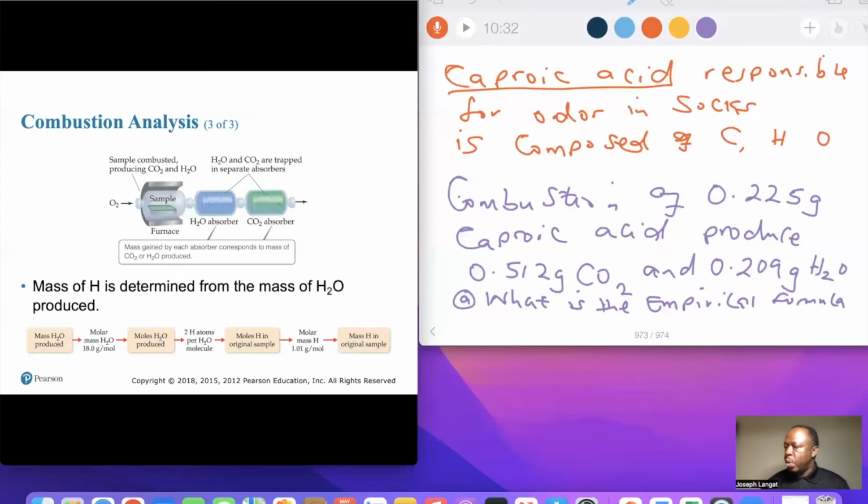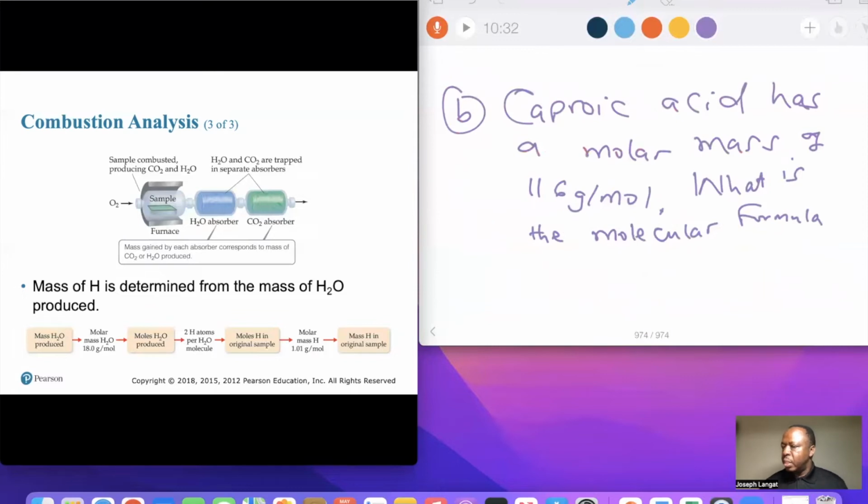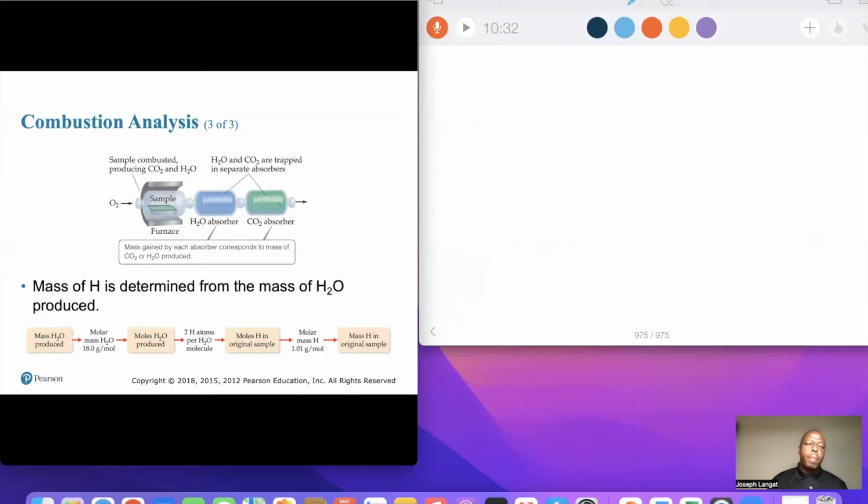We need to do the combustion analysis in order to find the mass of carbon, mass of hydrogen, and mass of oxygen. So this is how you will proceed. Let's say mass of carbon. This is how you'll find the mass of carbon.